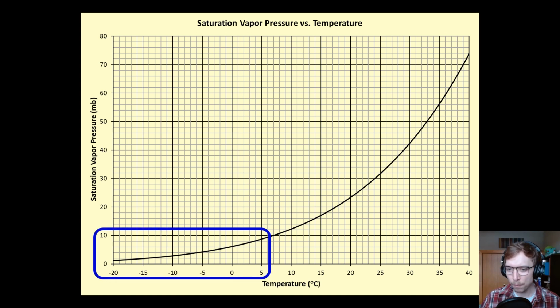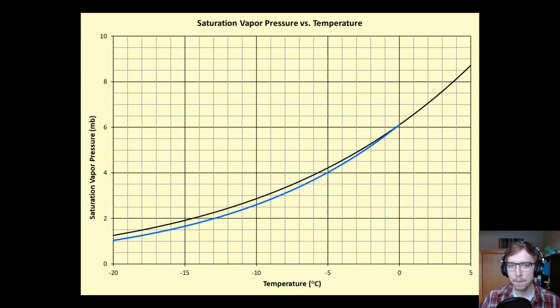We're going to look here really quick before we dive into our example, because as water is super cooled, you can see here's the freezing point of water right here.